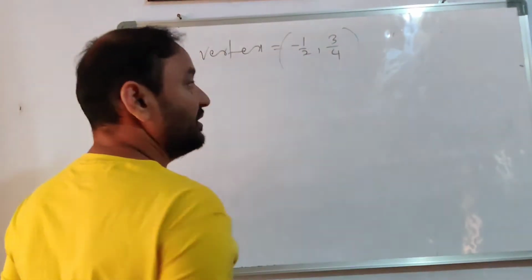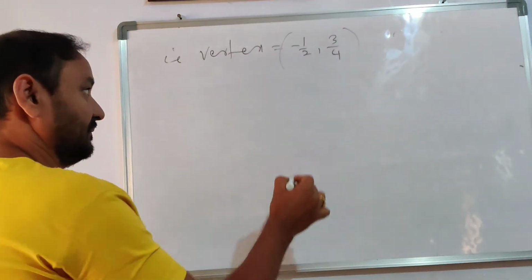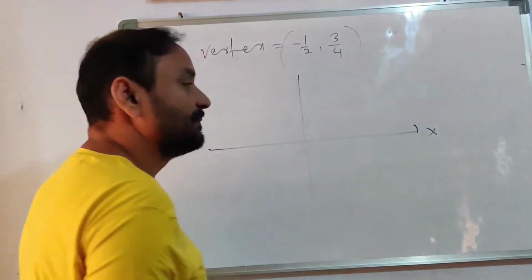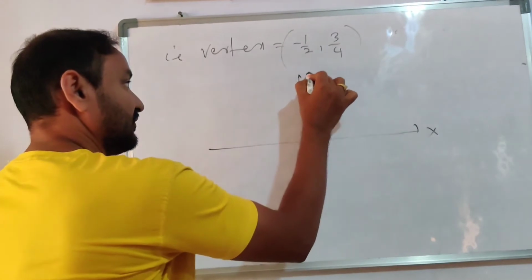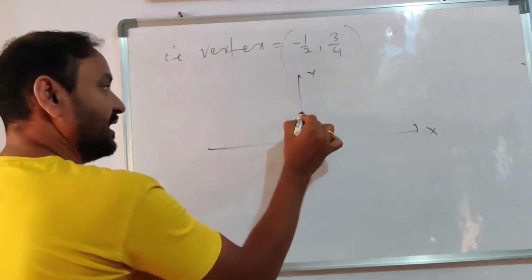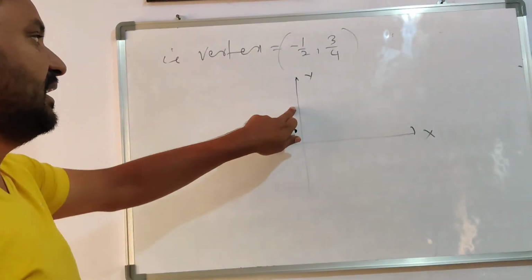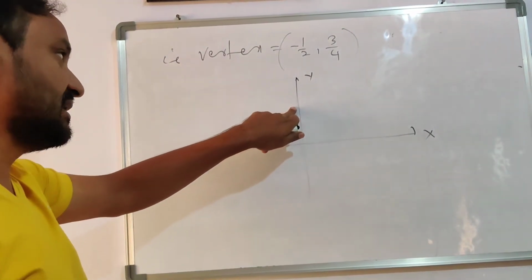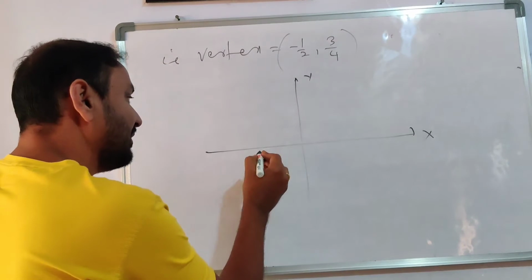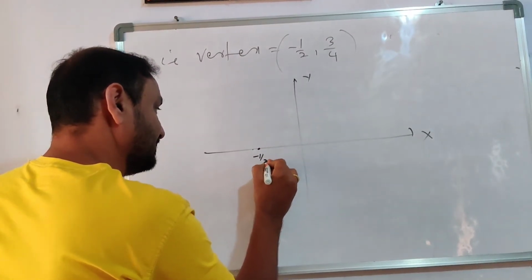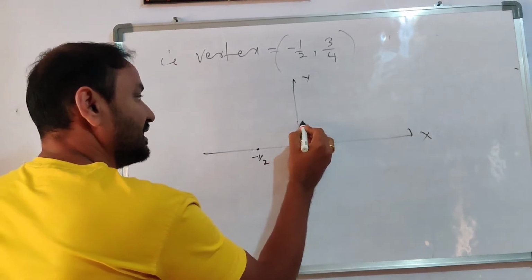Take all these values in the coordinate axes. This is the x-axis and y-axis. The graph is intersecting the y-axis at (0, 1), which is important. Suppose this is minus 1 by 2 and this is 3 by 4.